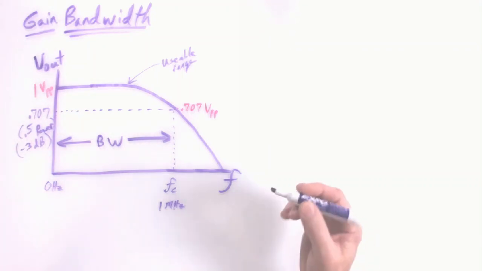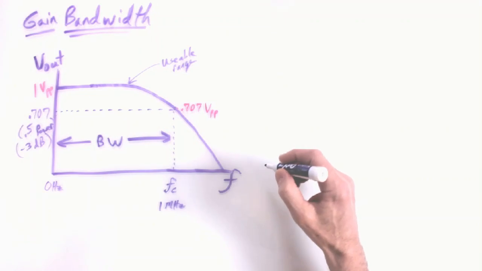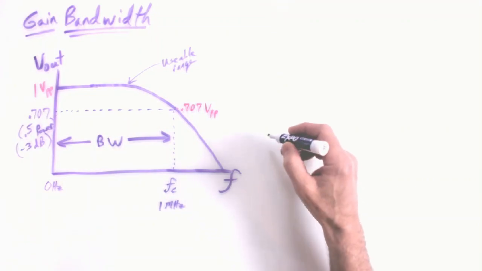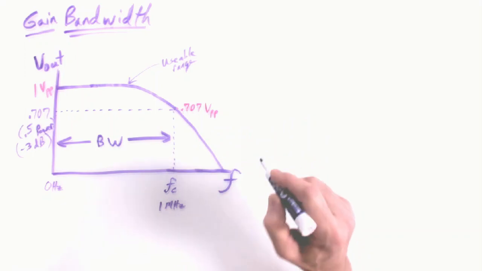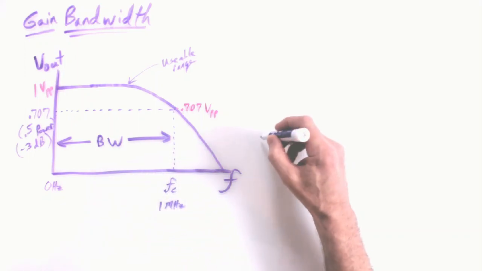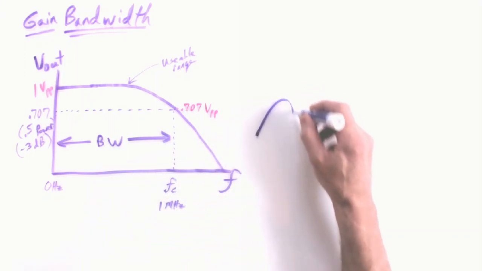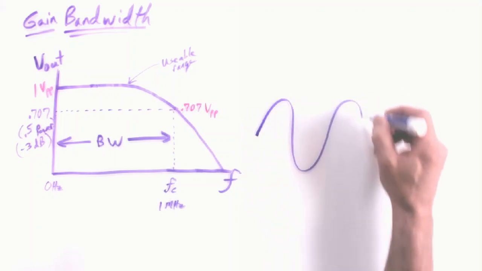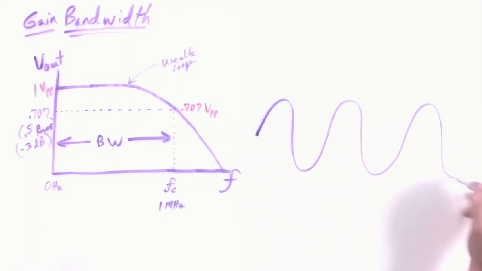So how's that going to look on your scope screen? Let's draw it. You're going to have a sine wave. Remember, we're checking with a sine wave. So the sine wave is going to be this, 1 volt peak to peak, right? Sine wave on your scope screen.